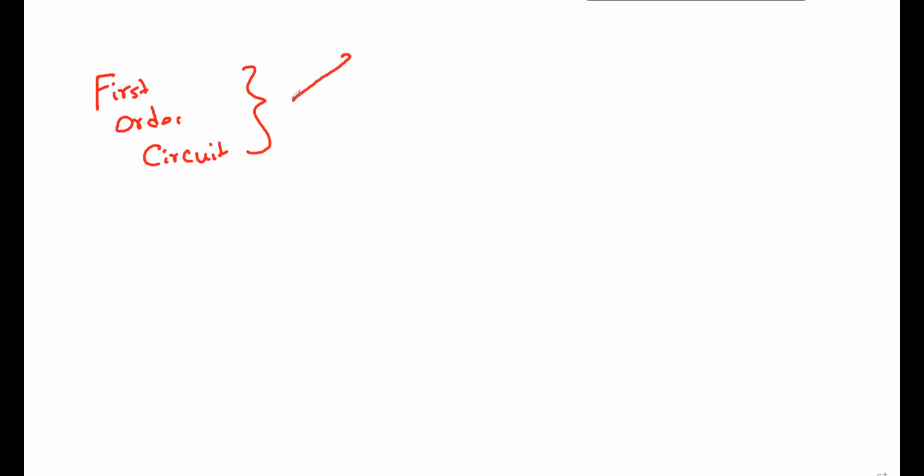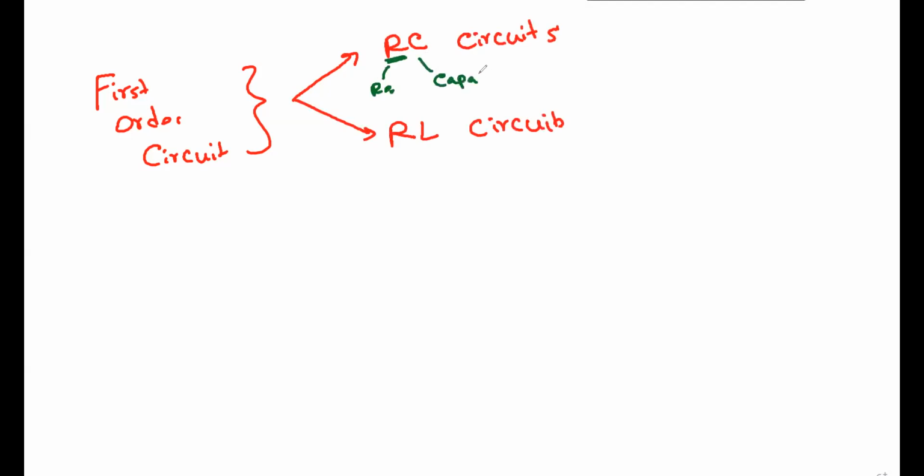So there are two kinds of first order circuits. The first one is the RC circuit, and the second type is RL circuits. RC circuit means R is resistors, C means a capacitor.